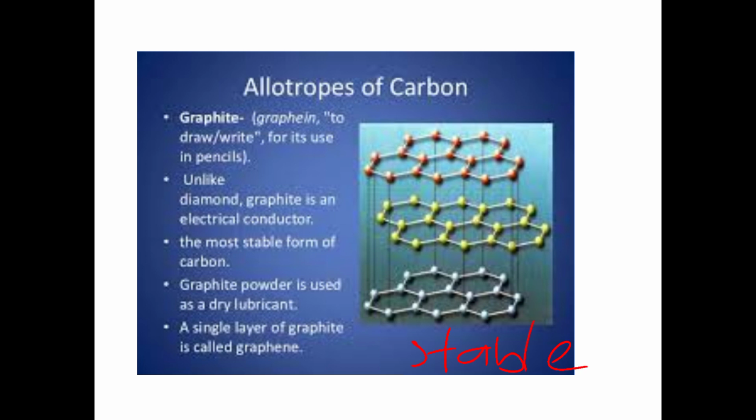In graphite, carbon is sp2 hybridized, whereas in diamond it is sp3 hybridized. And it is in the form of planes of hexagonal rings. It can also be used as a lubricant.